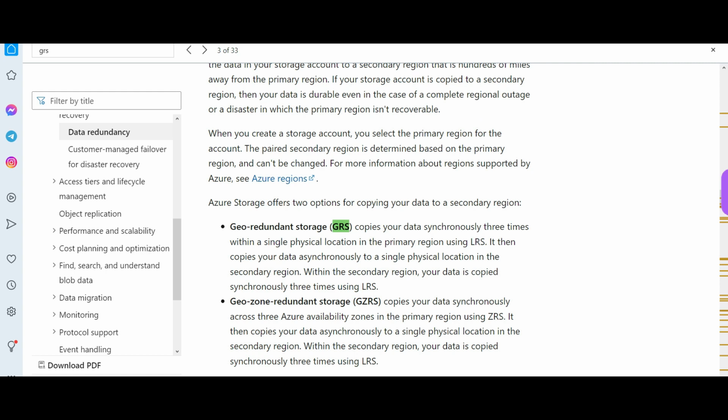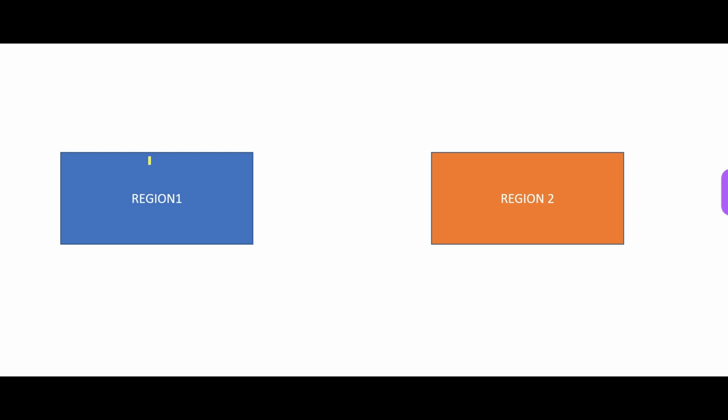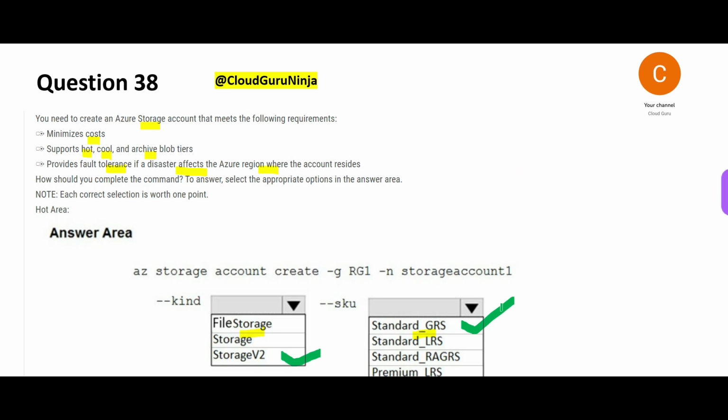Okay, so in region 1, it will maintain 3 copies and 1 copy in region 2. So if region 1 completely fails, this still has 1 copy of data and your system will still be up. This is called GRS. So this will meet our requirement. That's why we have marked green.